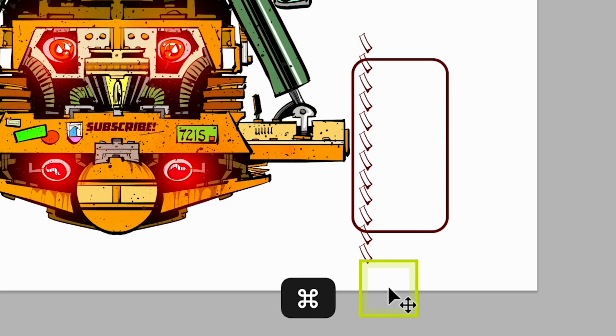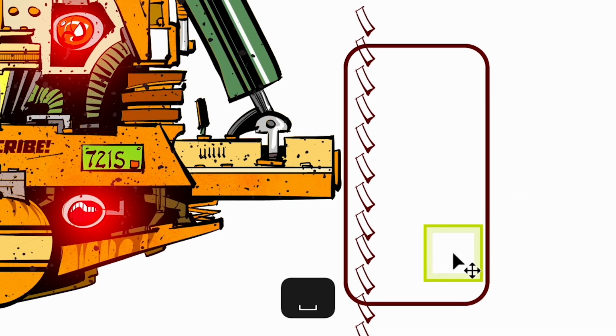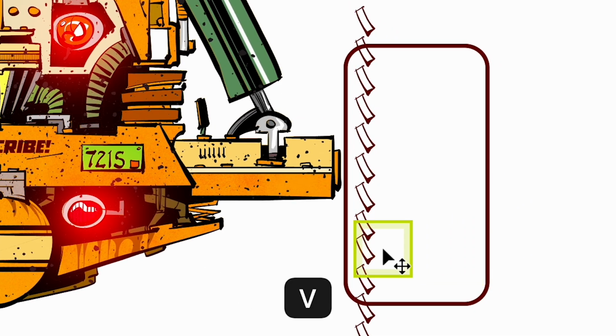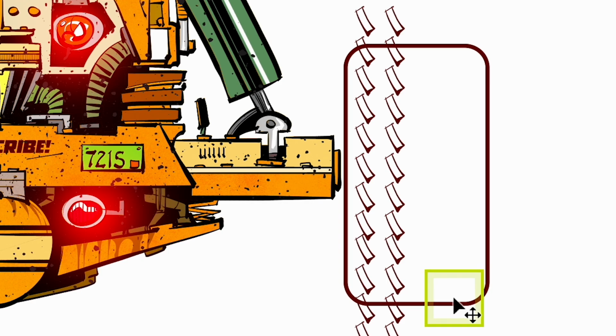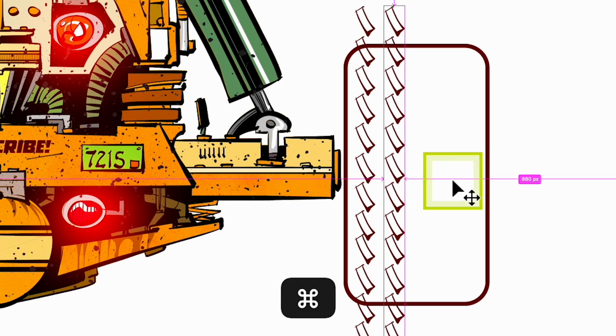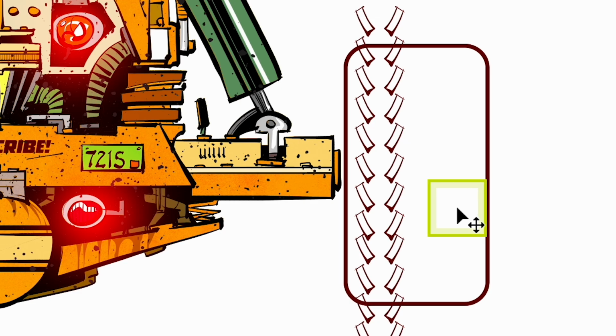So I've got this pattern here. I'm going to hit Command J to make a copy so I can add a second column of my tread. If I wish to, I can actually flip this. Now, in my last video on keyboard shortcuts, I talk about making custom keyboard shortcuts for commonly used tasks. And one of those keyboard shortcuts that I've assigned custom in my Photoshop toolkit is Command F, and that flips it horizontally.